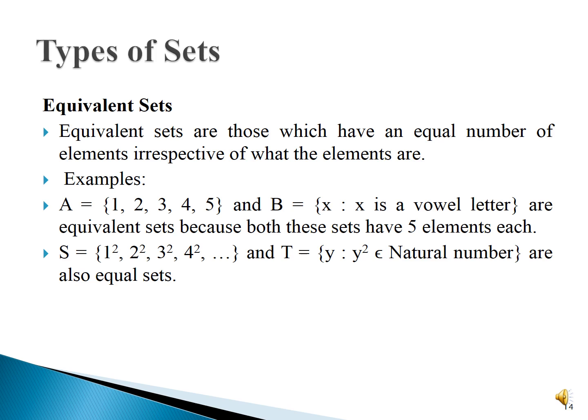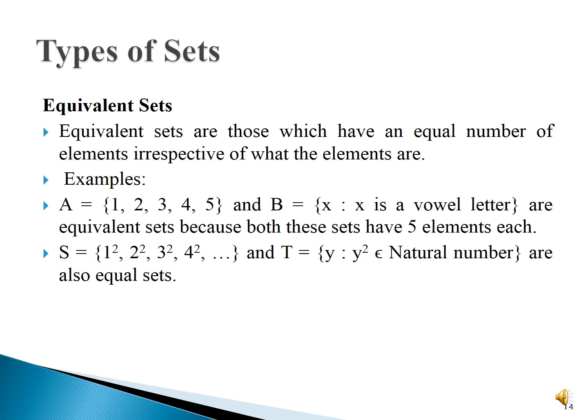In the next example, we have a set named S, which contains the elements 1 to the power 2, 2 to the power 2, 3 to the power 2, 4 to the power 2, and so on. That means it contains the squares of natural numbers. Then we have another set in the set builder form, T equals Y colon Y square, which is a natural number.